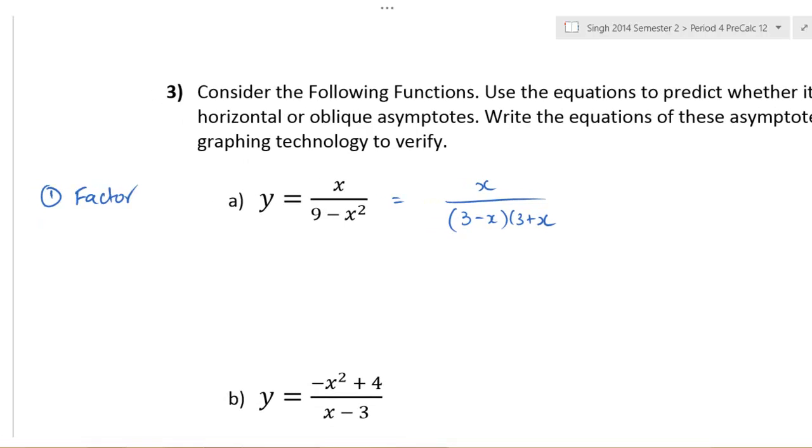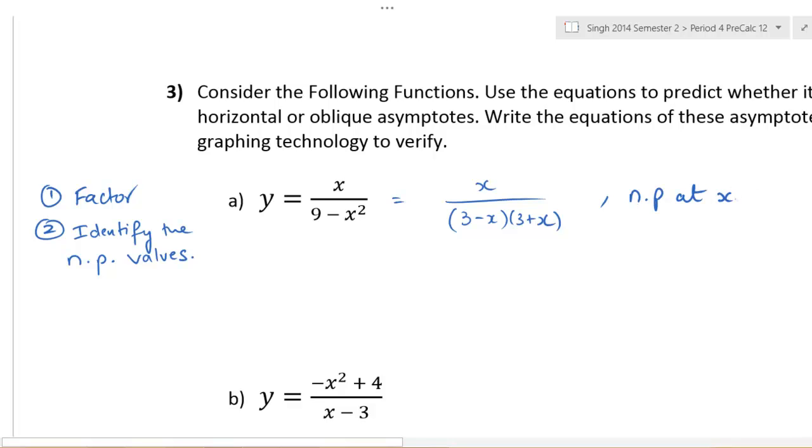Next step, identify the non-permissible values. So in this case, we have two possible non-permissible values. It is non-permissible at x equals plus or minus 3. Once we've got those two items figured out, we look to see if there is a common factor. And the reason why we're checking that is so we can identify hole or vertical asymptote.